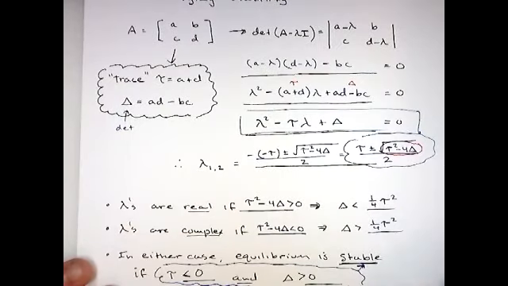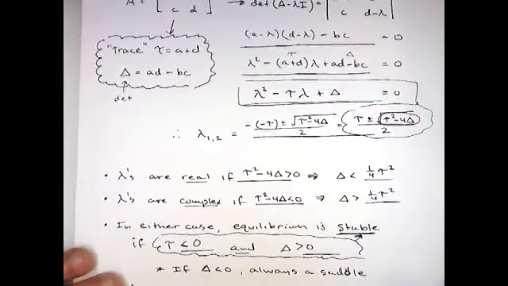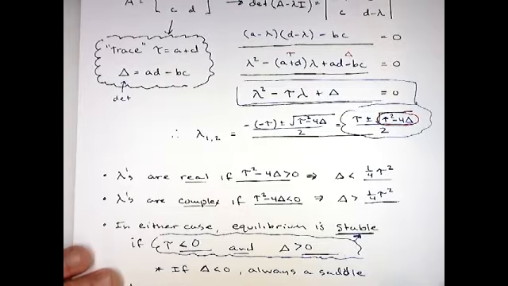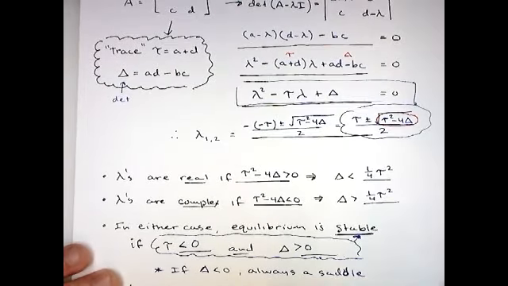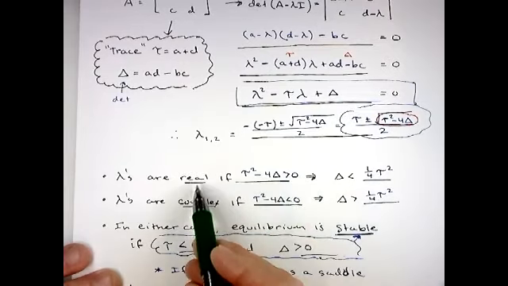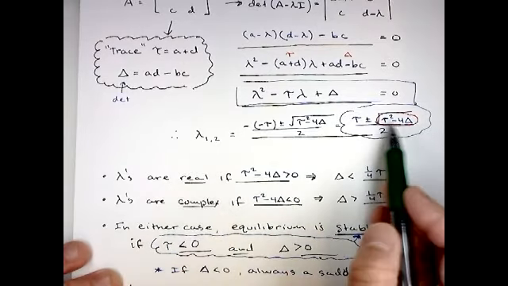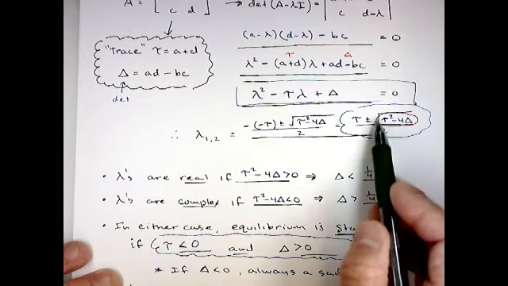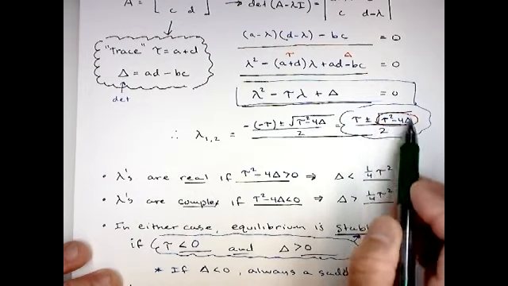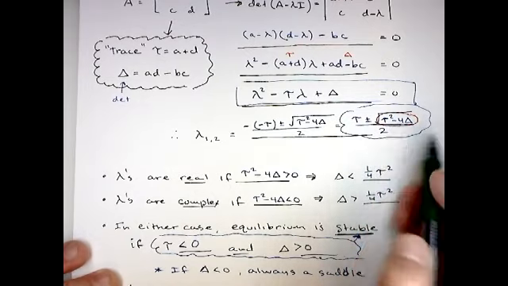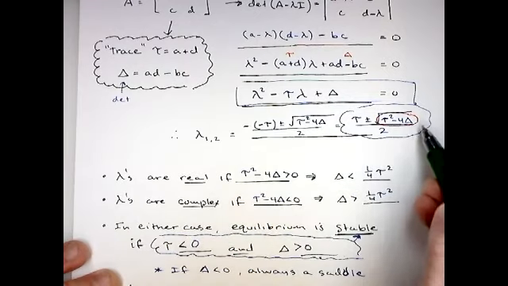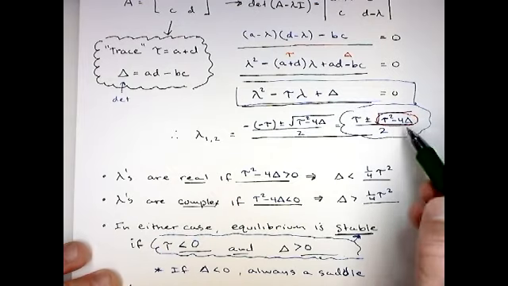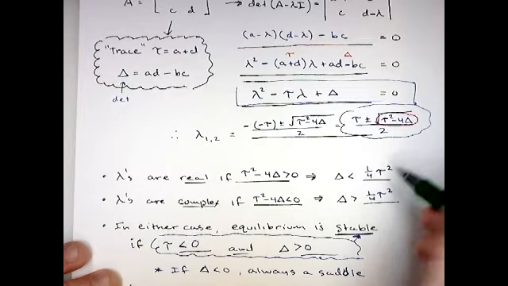For one thing, as we've seen, sometimes we get real eigenvalues and sometimes we get imaginary eigenvalues. So we can tell pretty quickly now, my eigenvalues will be real. The only way they'll be real is if this part under the square root comes out to be greater than 0. Technically greater than or equal to, but we're not going to talk about eigenvalues where you get repeated eigenvalues. That's not in this course here. So really it'll just be greater than 0 here.